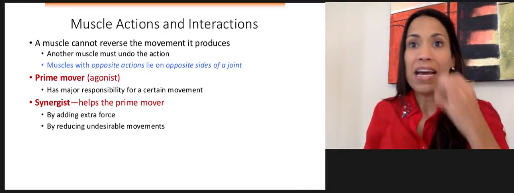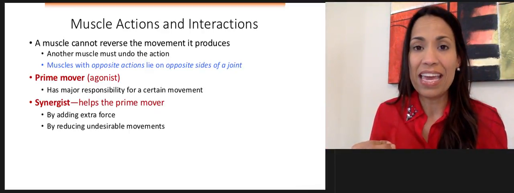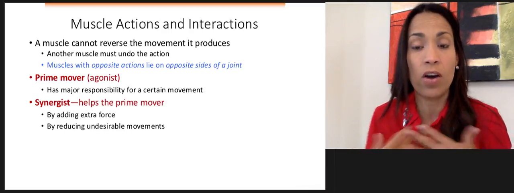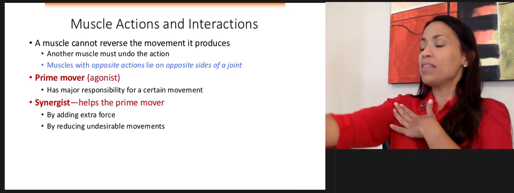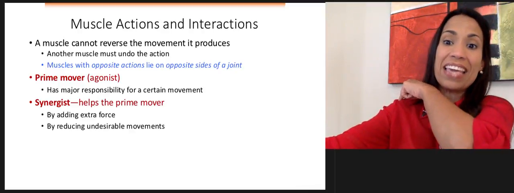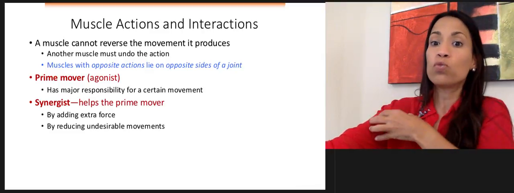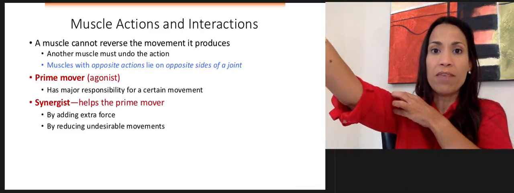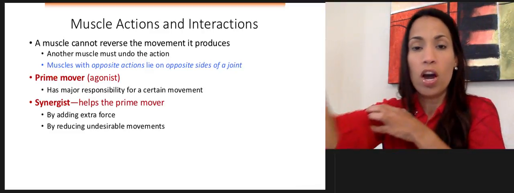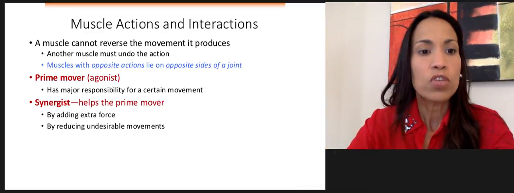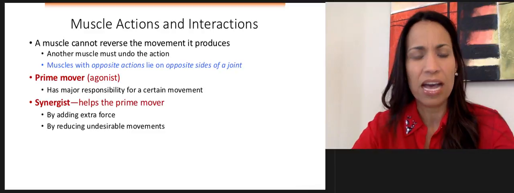So if we want to flex the arm, for example, a synergist can cancel the superior and posterior fibers, so just the anterior fibers, the flexor fibers, are active at that particular moment. So that's the way a synergist acts.